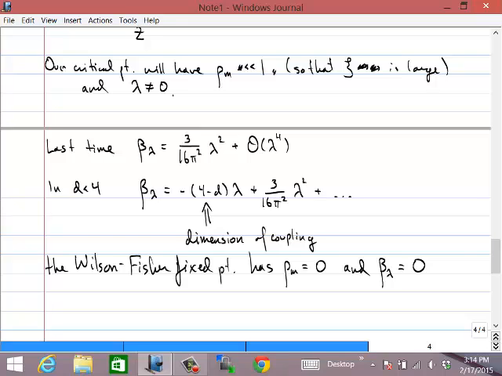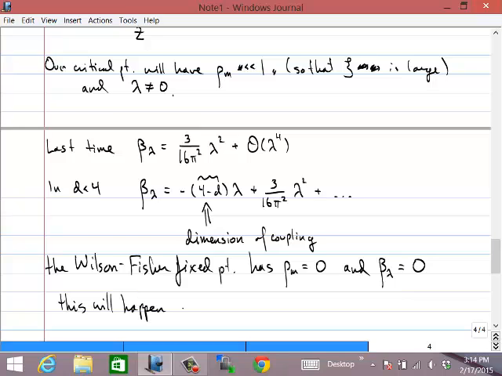And you can see here that this will happen only when the dimension is less than 4, so that this coefficient here is positive, so that you can have a cancellation between a negative and a positive term.